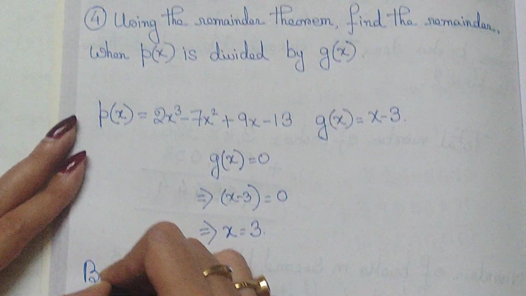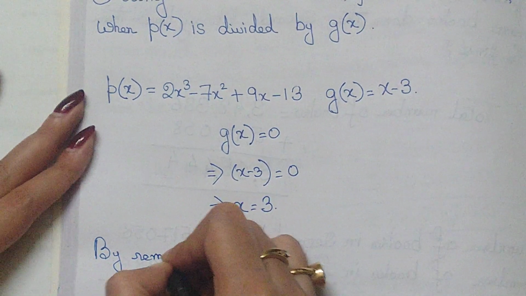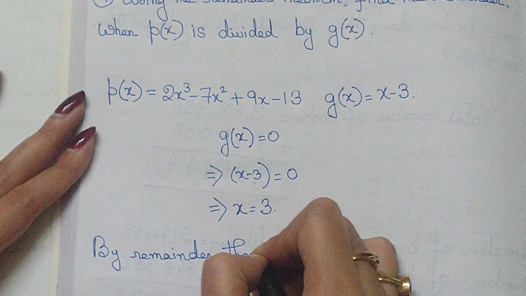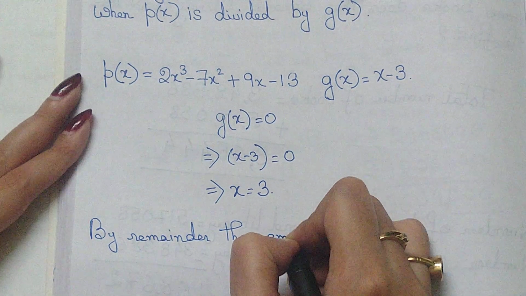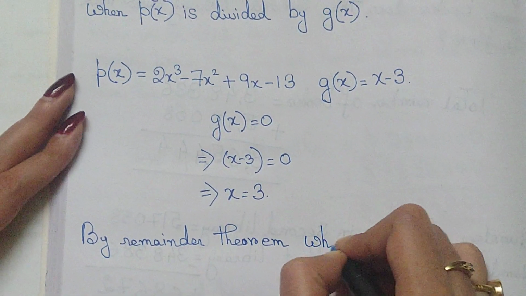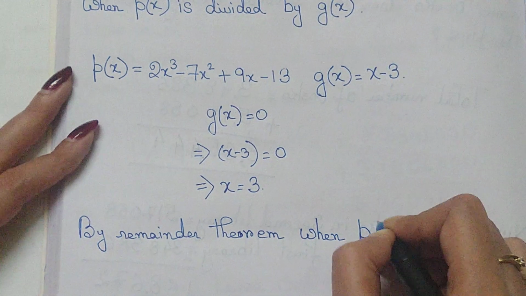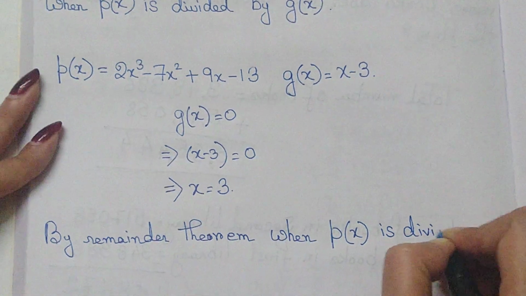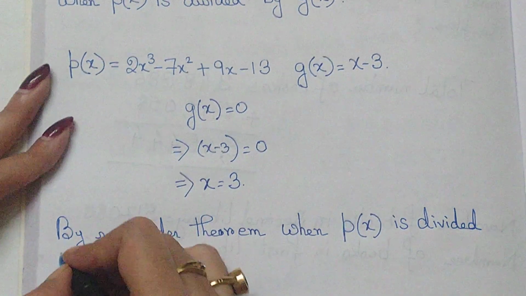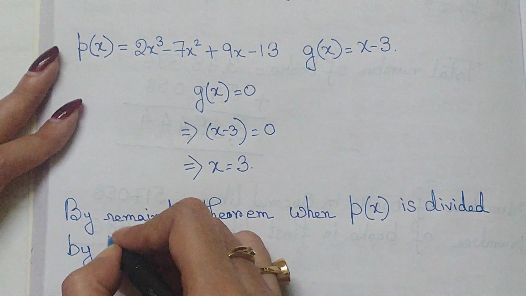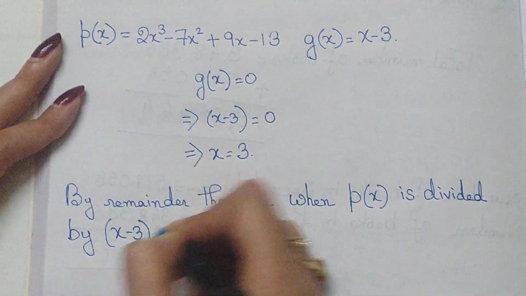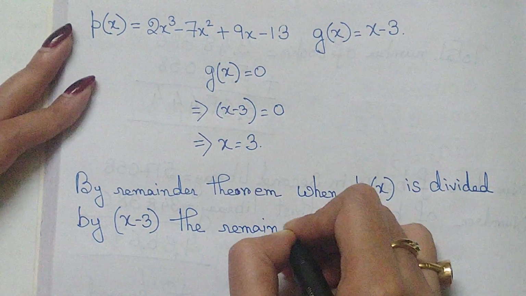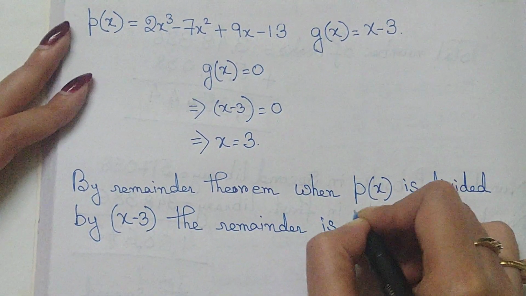Now by the remainder theorem, when p(x) is divided by x minus 3, the remainder is p(3).